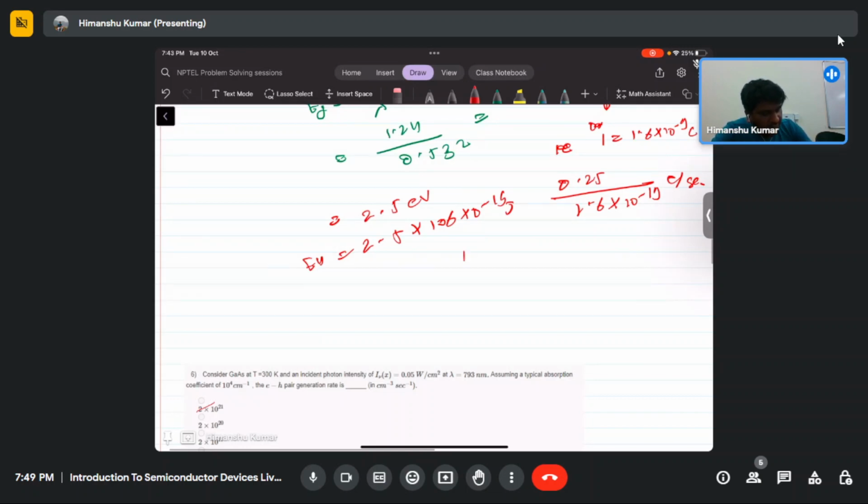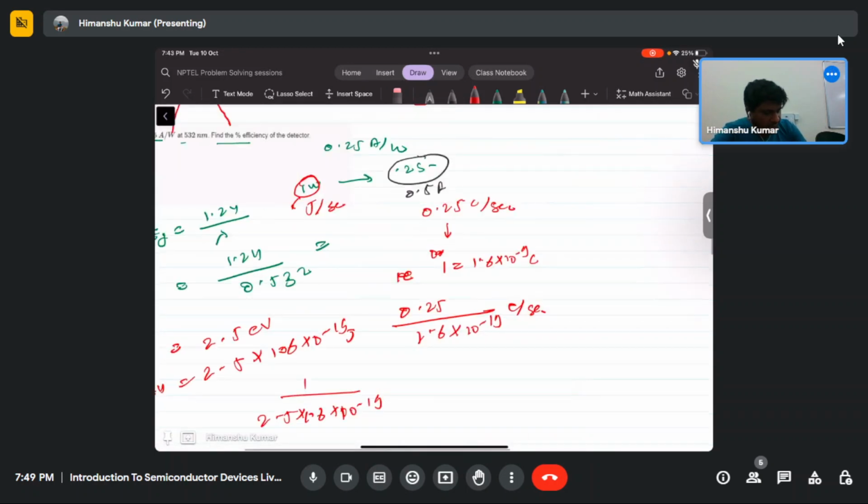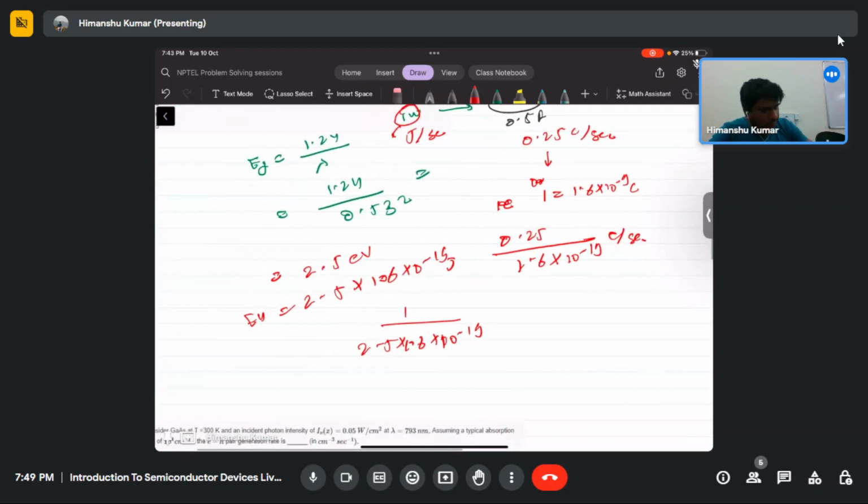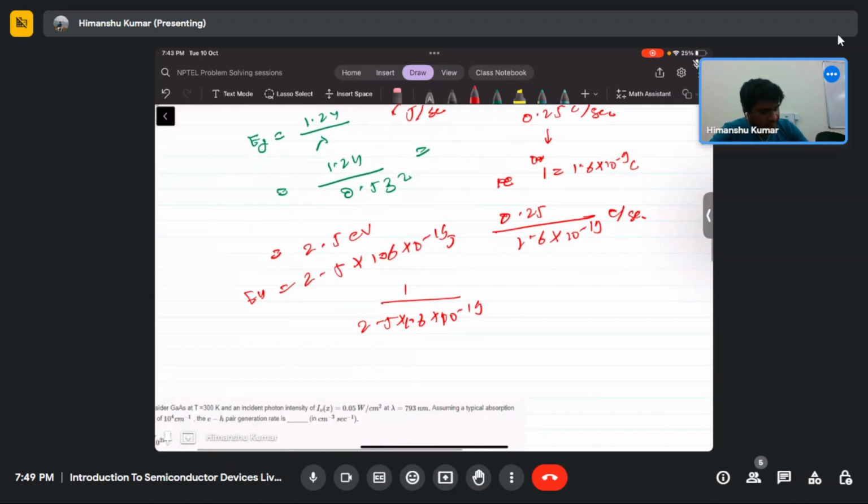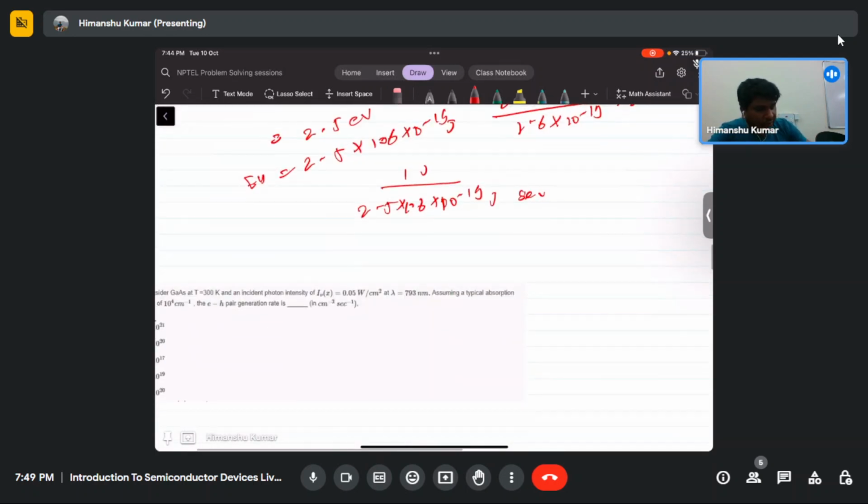1 divided by 2.5 into 1.6 into 10 power minus 19, this many photons per joule, and the upper is joule per second. So the joule cancels, and this becomes 1 upon 2.5 into 1.6 into 10 power minus 19 photons per second.